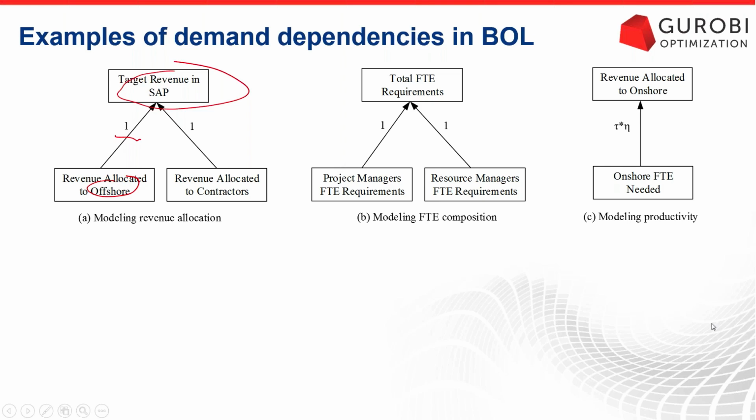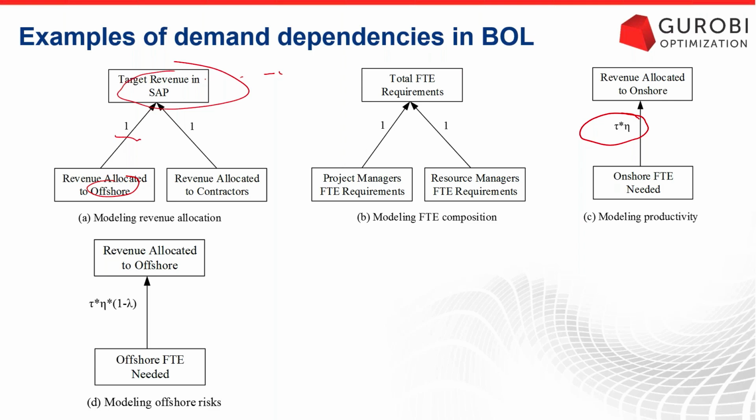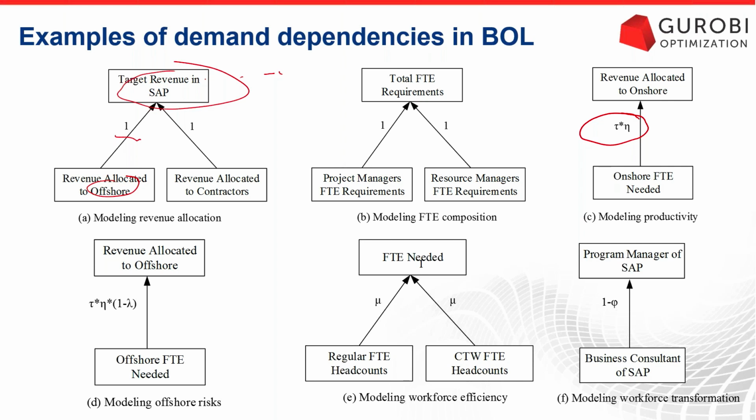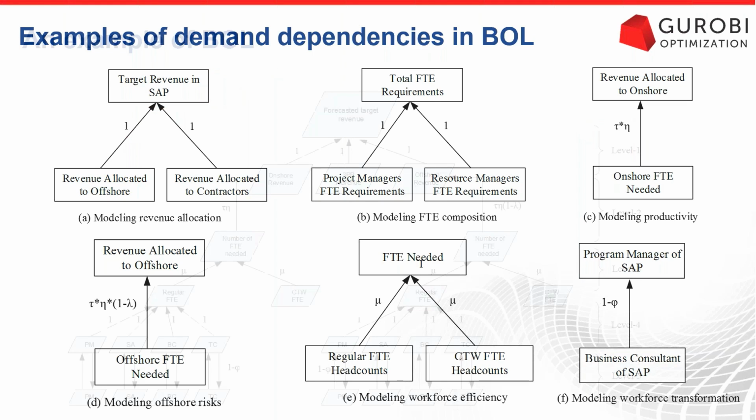And to model FTE's productivity, the multiplier is tau multiplied by eta. For offshore FTE, we factor in the offshore risk lambda. To transform the FTE headcounts into the effective FTE, we use the multiplier mu. And finally, for modeling workforce transformation, the multiplier is 1 minus phi.